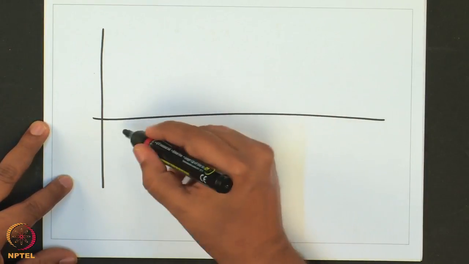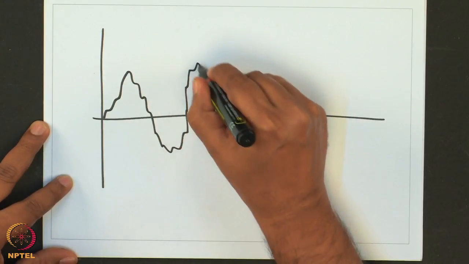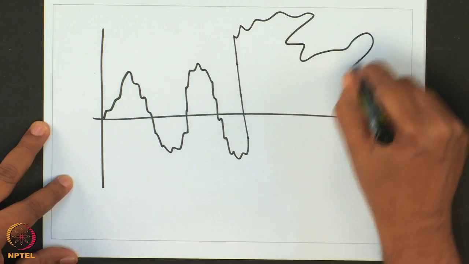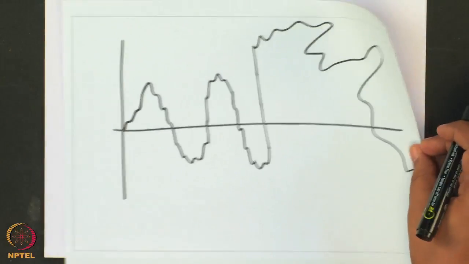There are 2-3 ways this can happen, and one of the ways is that this function could increase and decrease around some average value, or it could show some arbitrary behavior.